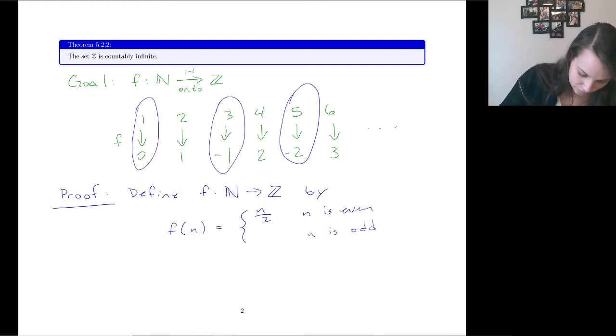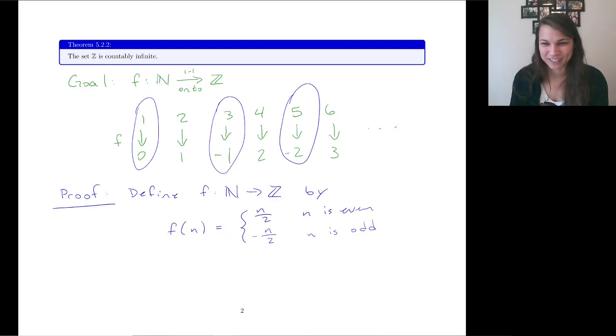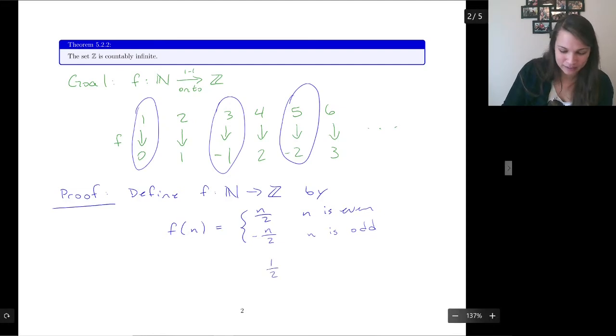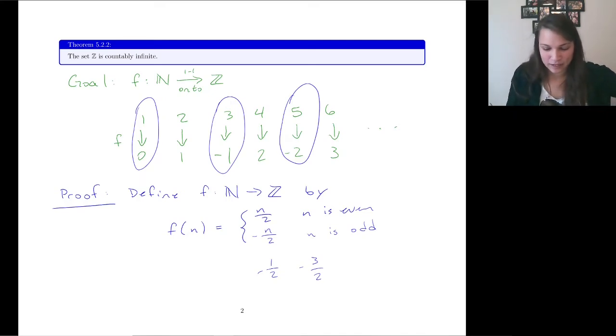My initial instinct was to just do that, but then that means we're doing negative a half, negative 3 halves, and it's like, oh, okay. Right, n is odd, so we can't divide it by 2.